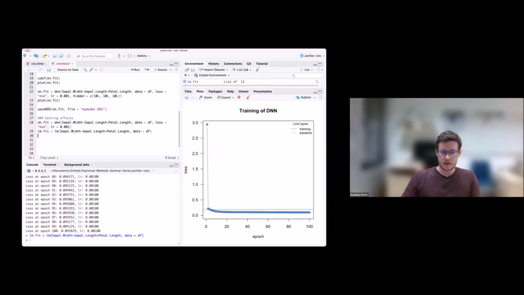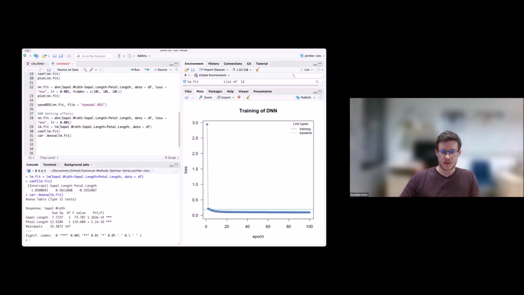If we run here now the coefficient function on our linear model, we will get these effect estimates here. And if we run the ANOVA, we'll see that petal length is explaining more variance than sepal length.